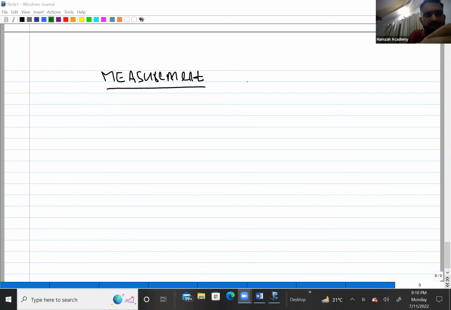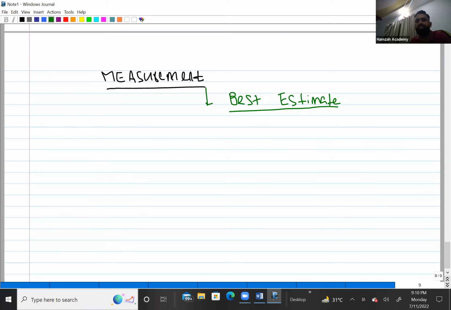Now the measurement. If we talk about the measurement, IAS 37 says that whenever you recognize a provision, it should be a best estimate.